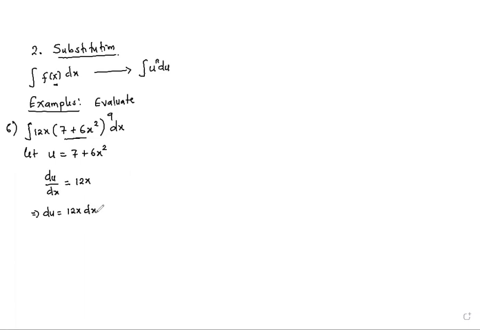Now we need to come back here and change things. So we're changing the variable. We have 12x, and then we have called this u, so we have u to the power 9. And then this dx, we want to write it in terms of u. So we solve for dx by dividing by 12x, so dx is equal to du over 12x.